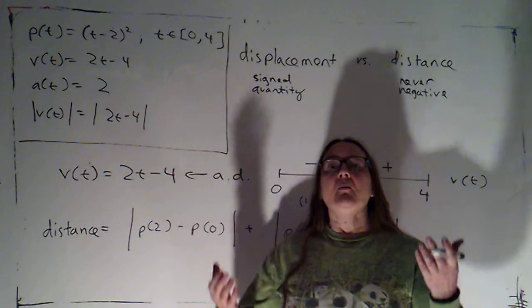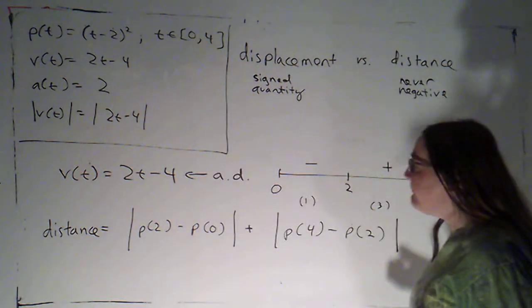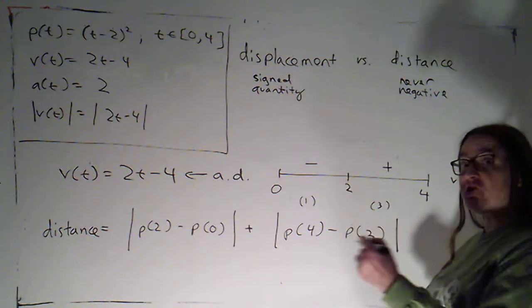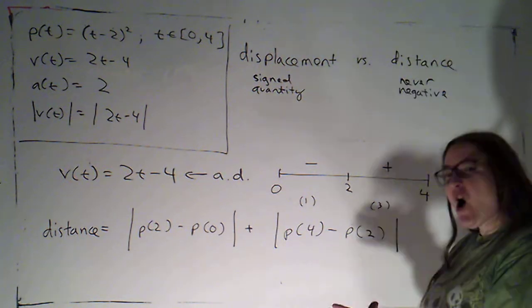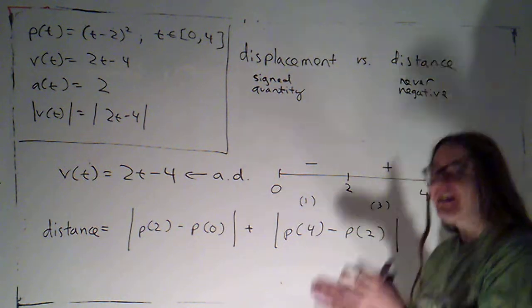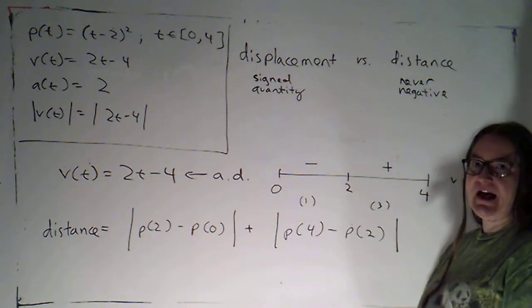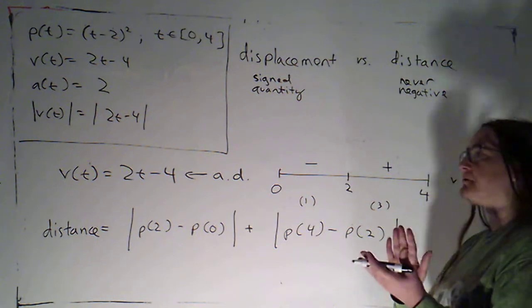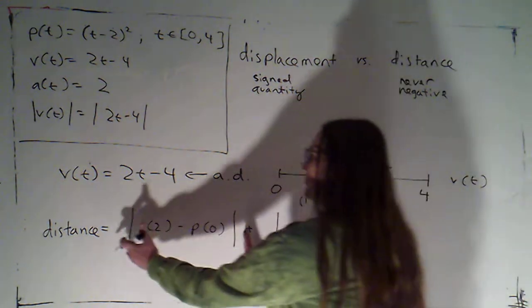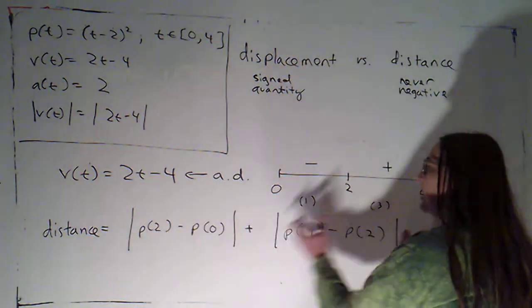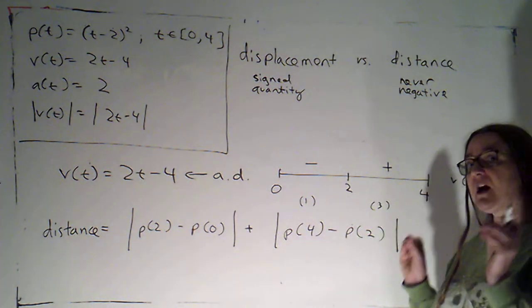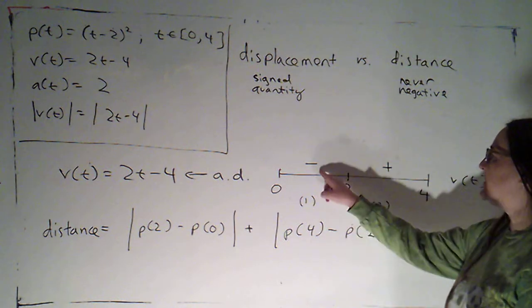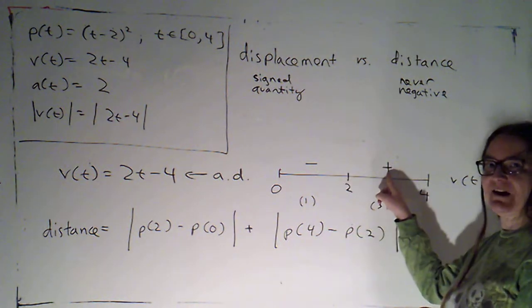But if a particle doesn't change direction over a time interval, then over that time interval, the distance will be the absolute value of the displacement. So the total distance will be the sum of the absolute value of the displacement over time intervals where the velocity was a consistent sign.